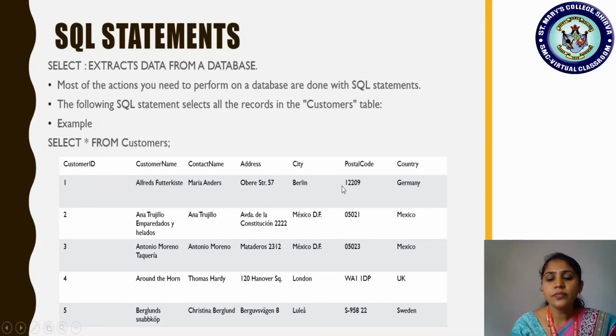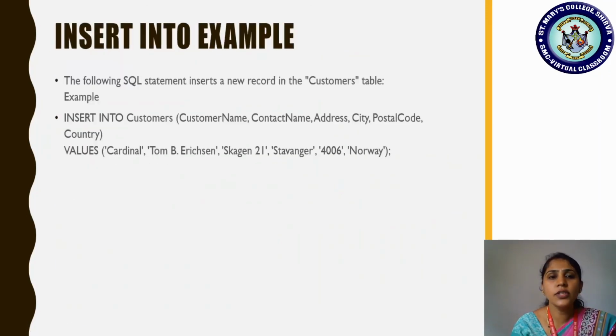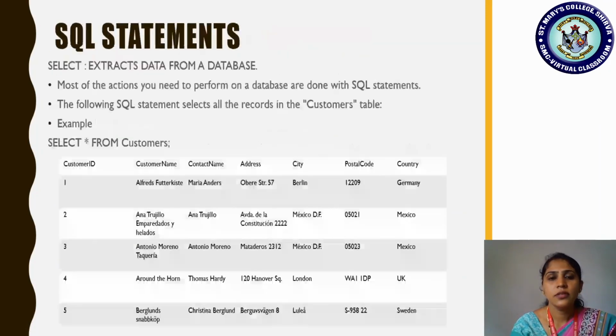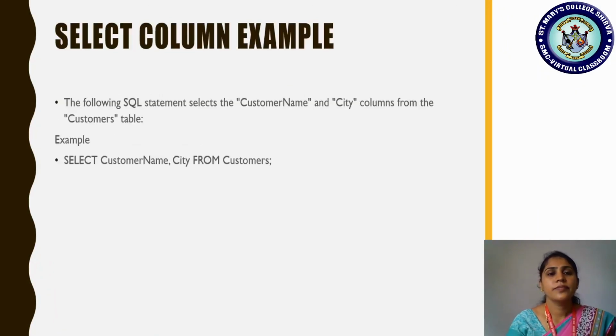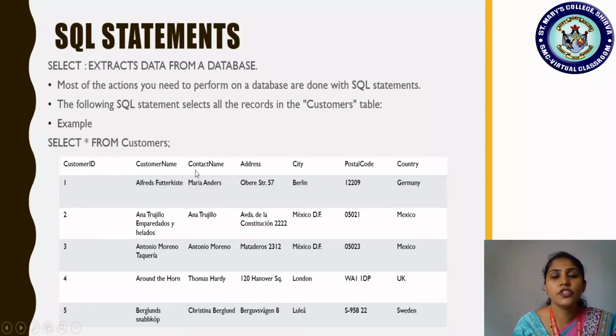What else we told? City, right? Customer name and city information. So all the five customer names and only with the column city, all the city names.